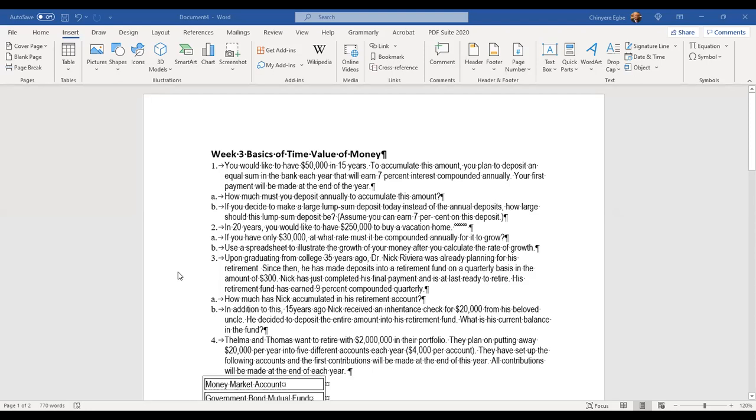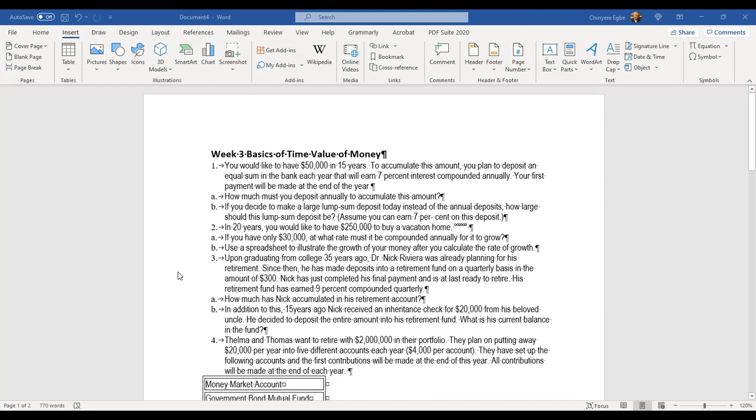So what you're asking yourself is, how much money are you going to invest today to earn $50,000 in 15 years? And you have information that the money will earn 7% a year for the 15 years.